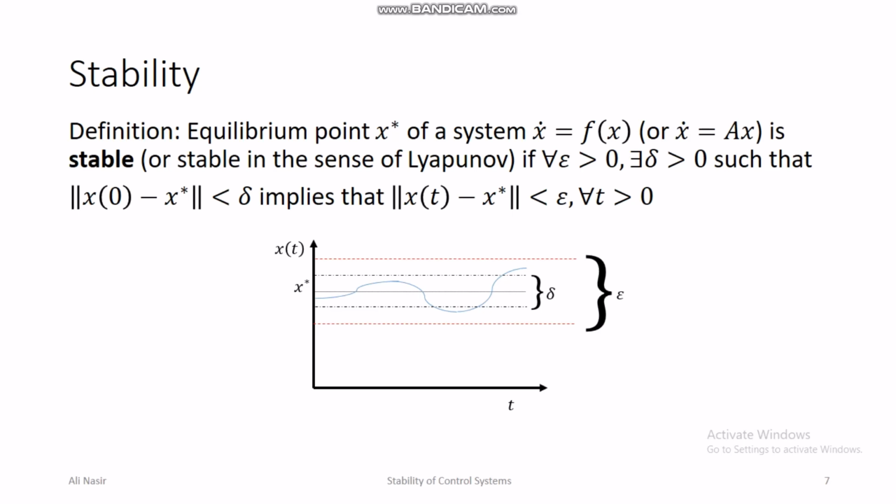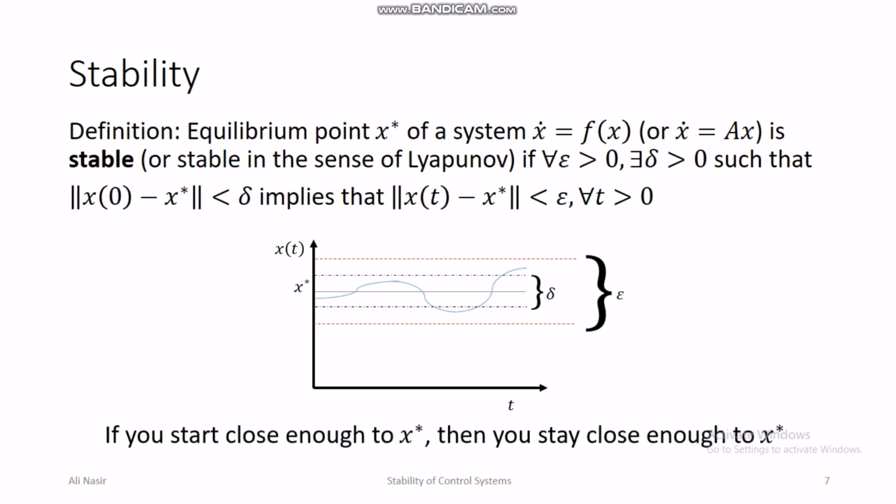We will see how we calculate stability, because calculating the stability of a system using the definition is not always possible or even feasible, since the definition requires that we test all possible epsilon values, and for all of them there should exist some delta, such that if you start within delta distance from the equilibrium point, you stay within epsilon distance from it.